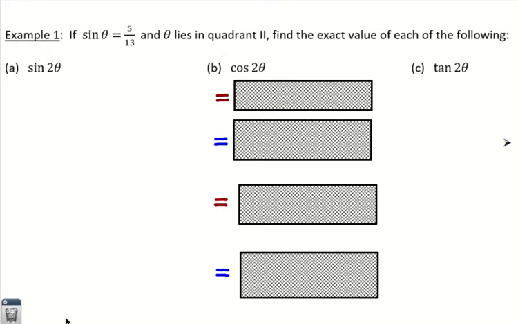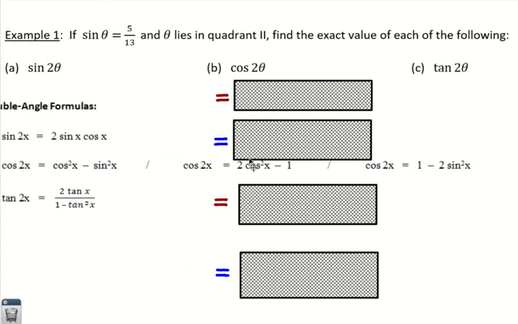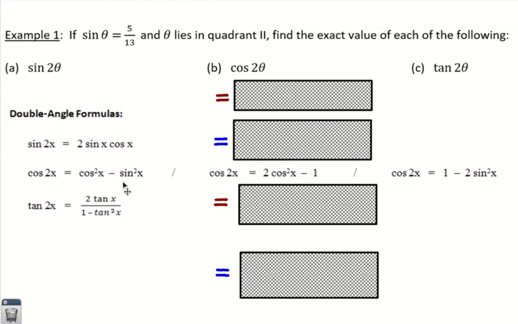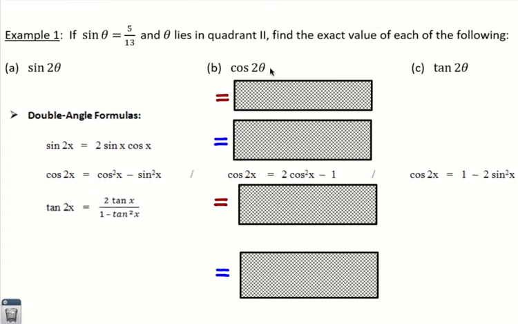Now we want to do the cosine of 2 theta. This is interesting. Now we can see it right there. The formula sheet says that for the double angle of the cosine, it could be equal to this.